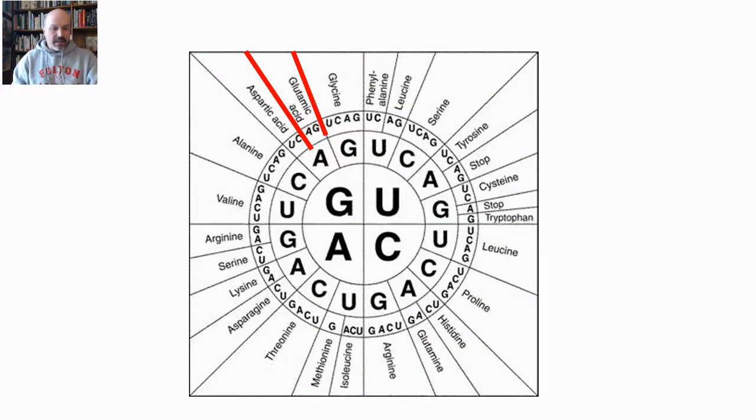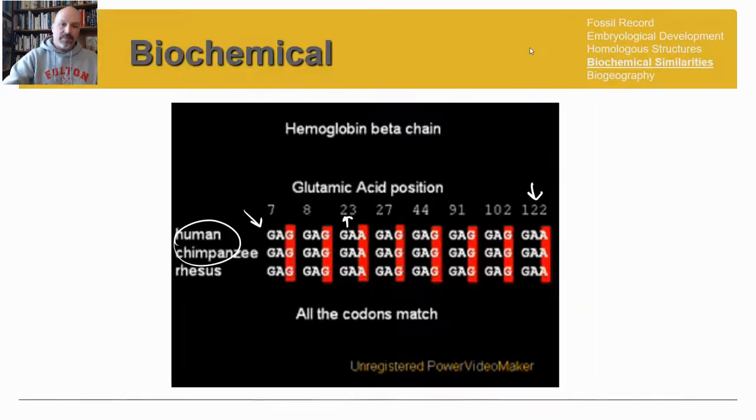You could have spellings for UCU, UCC, UCA, and UCG for a serine, and where we have it, we have identical ones for chimps. And 1.5% of the time, it's different. That's the homologous structure of biochemical similarities.